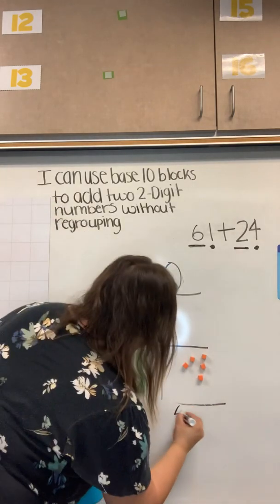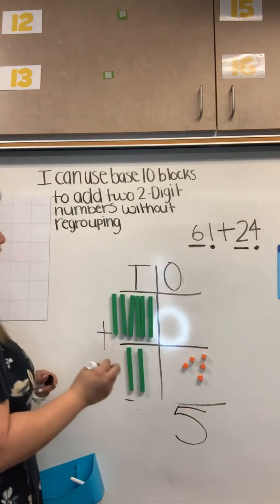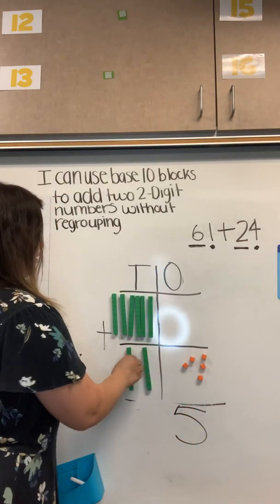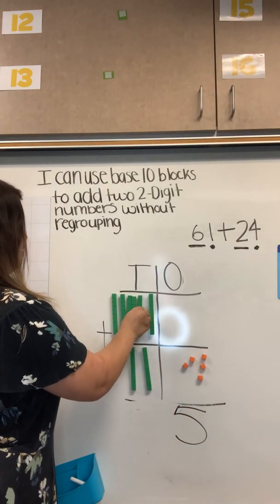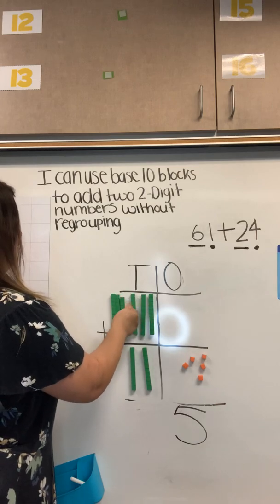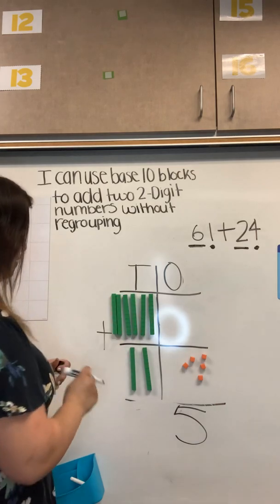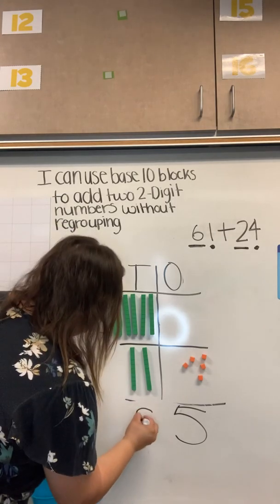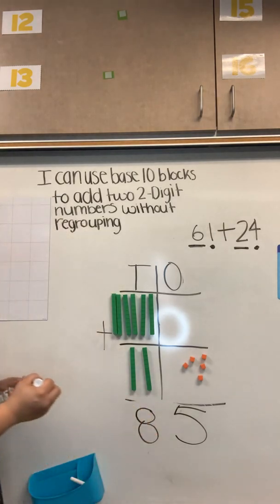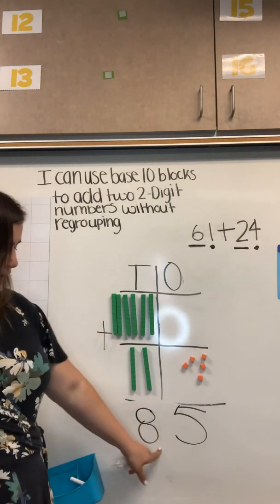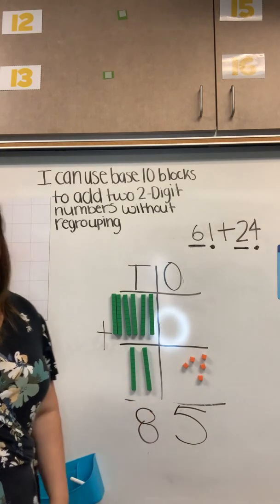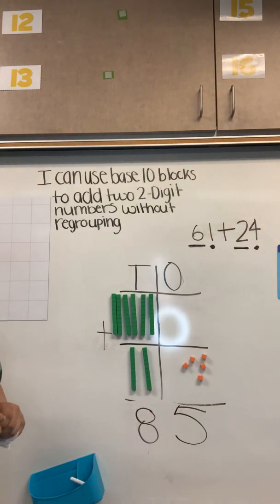So we have 5 1s. 1, 2, 3, 4, 5, 6, 7, 8. And we have 8 10s. So all together that gives us 85. You guys are doing amazing.